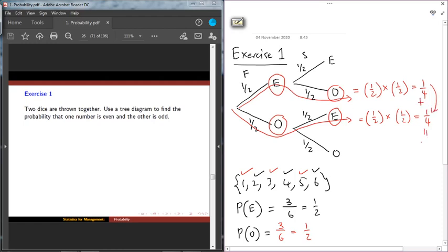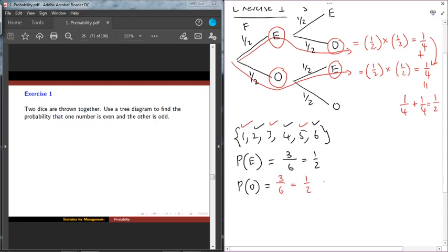So this will give you 1 over 4 plus 1 over 4, which is basically 1 over 2. So the probability for you to get even and odd is 1 over 2. This is the answer for exercise 1.